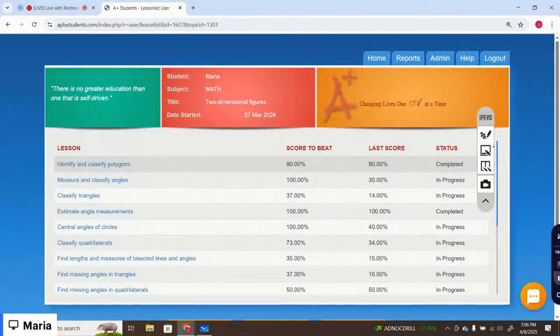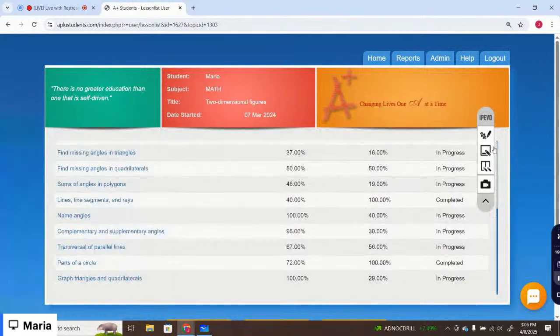The next lesson is naming angles. Let's just start with the next lesson.